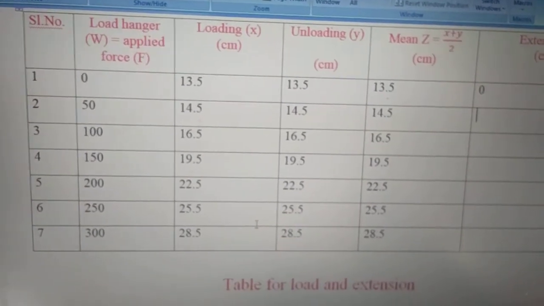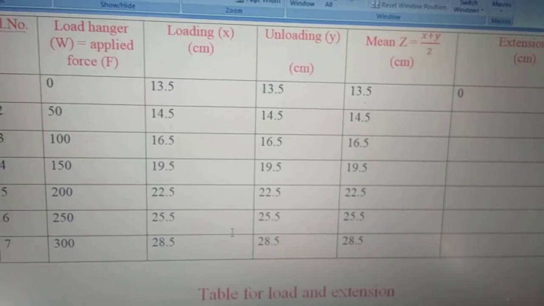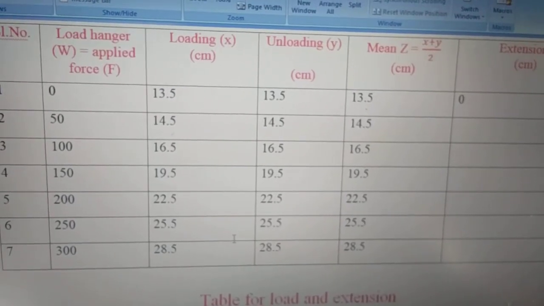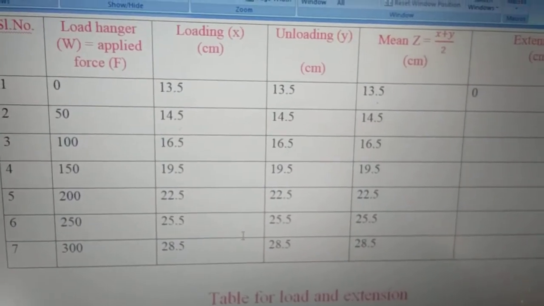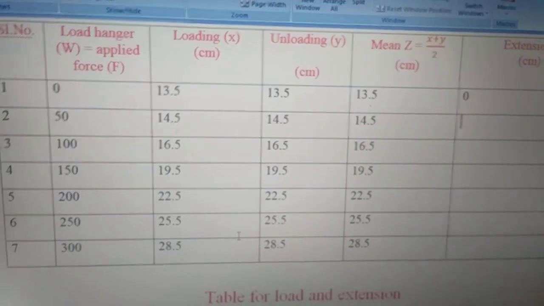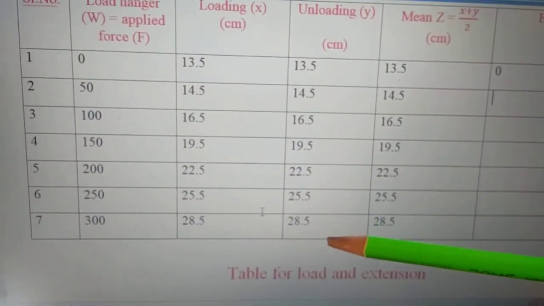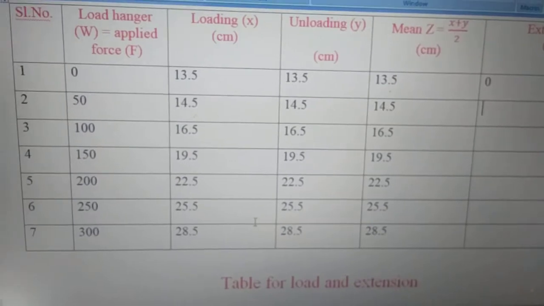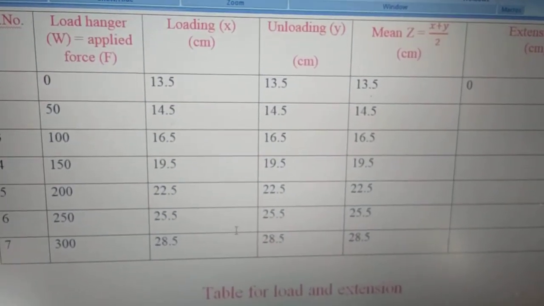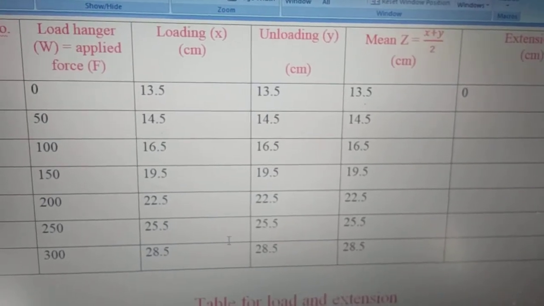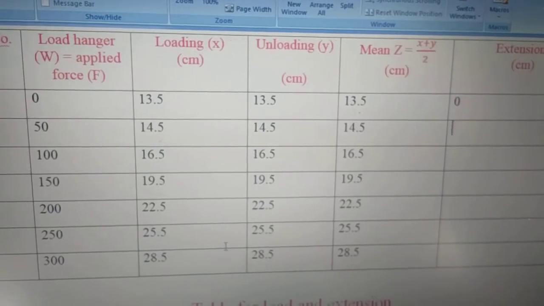When the load is increasing, the first value is 13.5, 14.5, 16.5, 19.5, 22.5, 25.5 and the last one is 28.5. While decreasing, what we get is 28.5, and further 25.5, 22.5 and likewise 19.5, 16.5, 14.5 and 13.5. So these are the values we got.